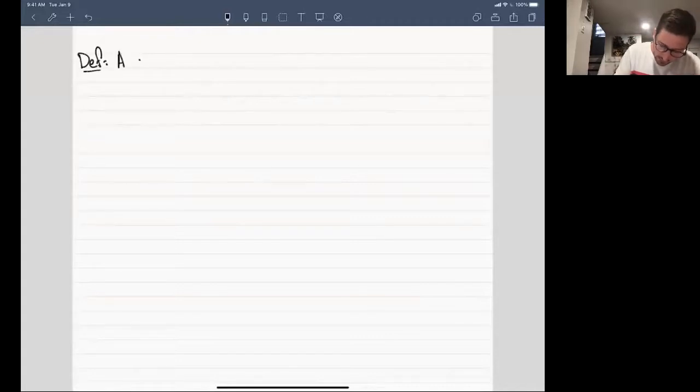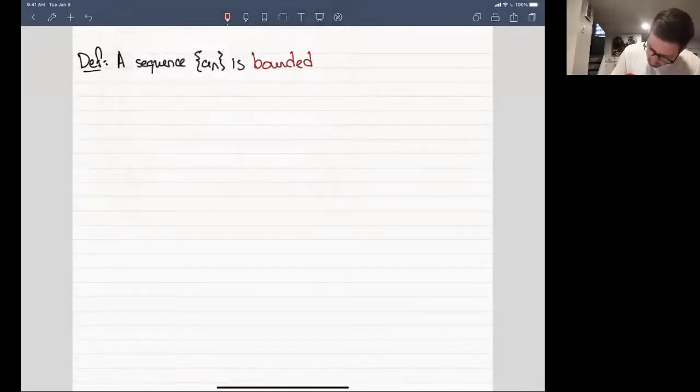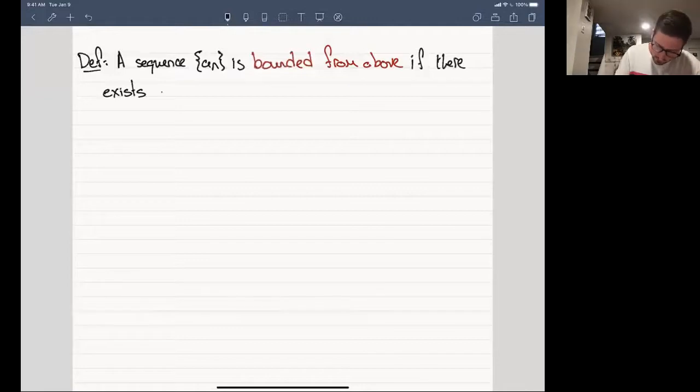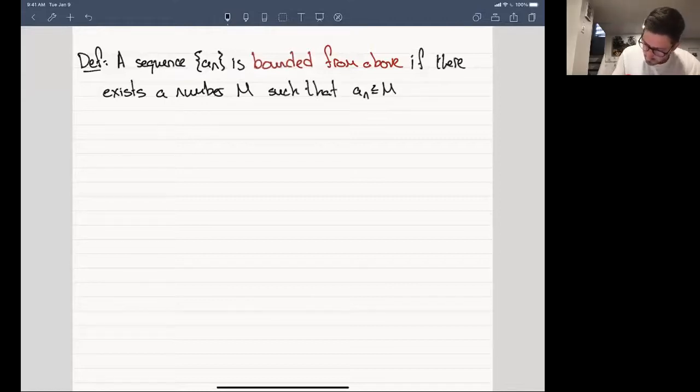A definition: a sequence a_n is bounded from above by, if there exists some number M such that a_n is less than or equal to M for all n.